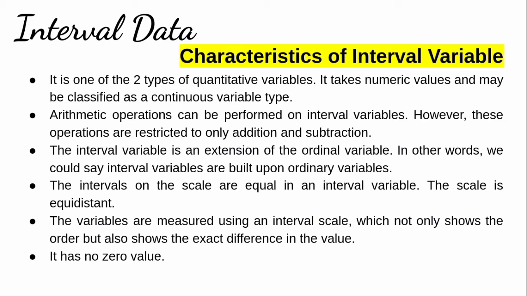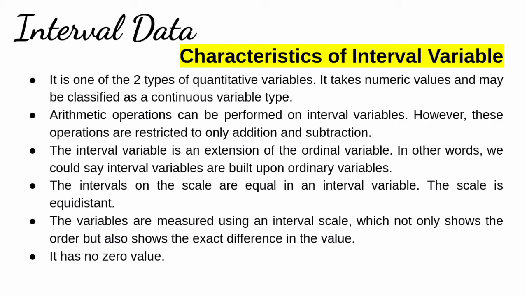However, these operations are restricted to only addition and subtraction. The interval variable is an extension of the ordinal variable. In other words, we could say interval variables are built upon ordinal variables. But the thing about interval variables is it is equidistant, meaning all intervals on the scale are equal.